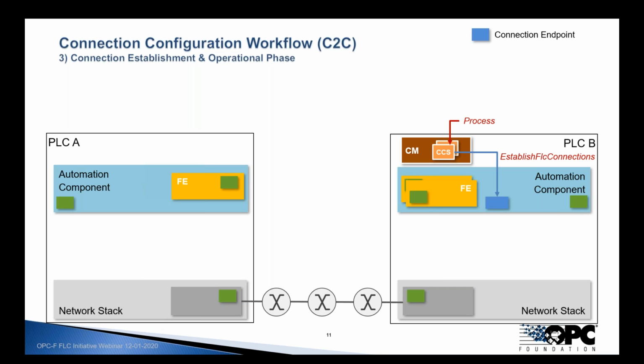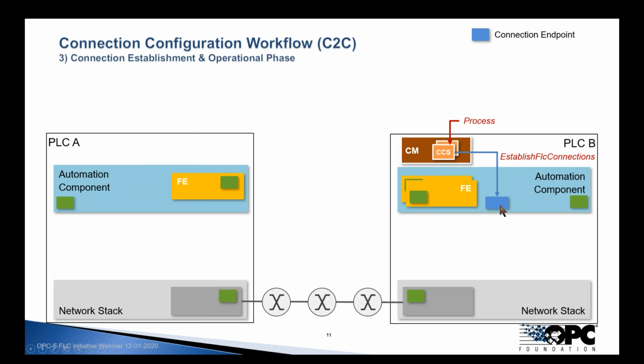Now what happens? The connection manager does all the checking, verifying that the functional entity has the right identity and is compatible, and logs it, applies configuration parameters to the functional entity, and so on. And then, last but not least, it creates a connection endpoint in the information model underneath the functional entity.